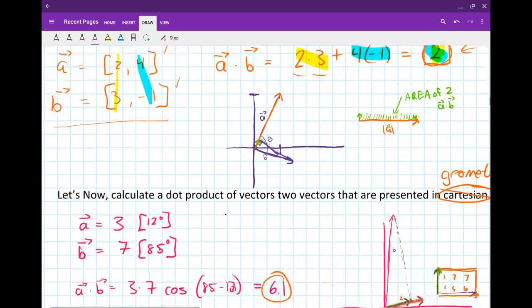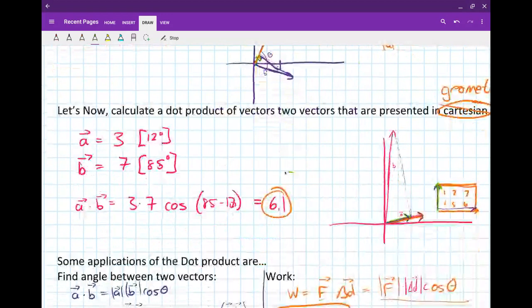Taking the dot product of vectors that are in geometric form is no big deal. Let's say I've got 2 vectors, vector A, which is 3 at 12 degrees, and vector B, which is 7 at 85 degrees.